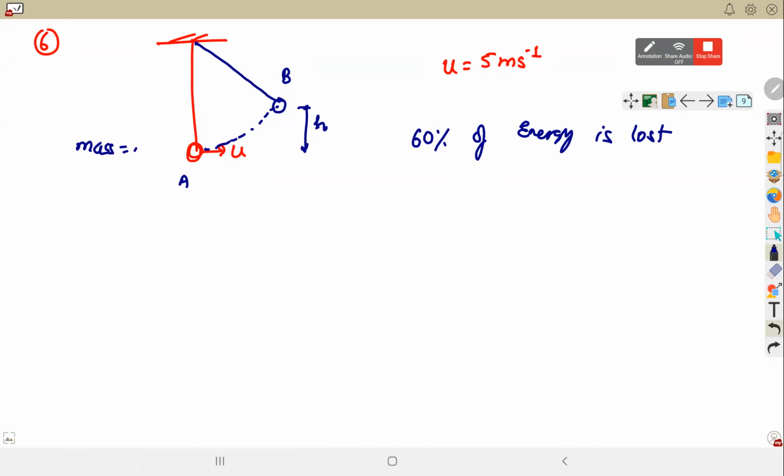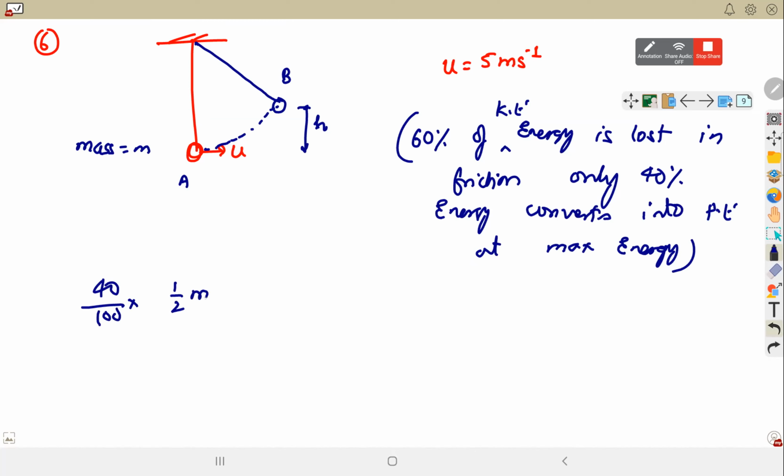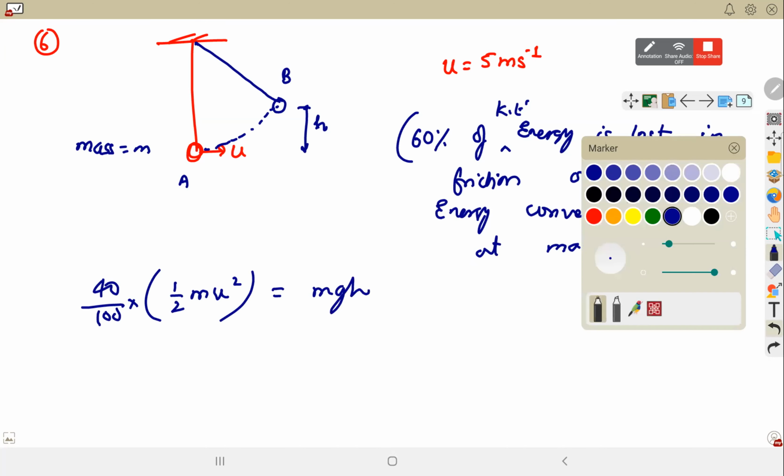Suppose we assume mass is m. 60% of kinetic energy is lost in friction, so that means only 40% of the energy converts into potential energy at maximum height. If there is no loss, then all of the energy given will convert. So 40% of the total kinetic energy given at the lowest point will be equal to the potential energy acquired at maximum height.